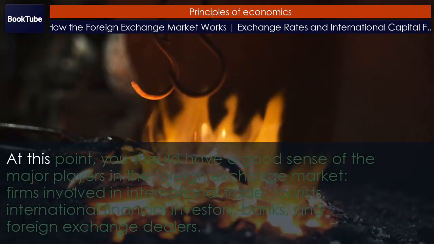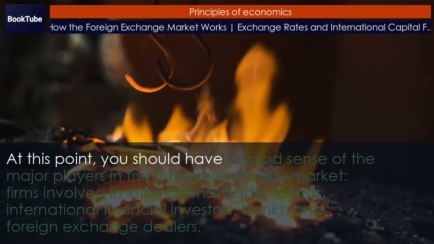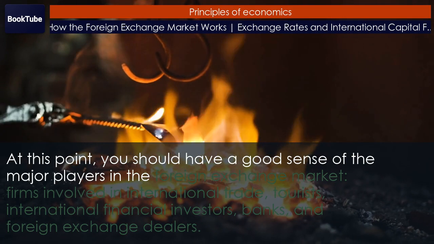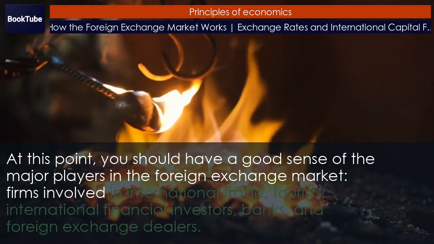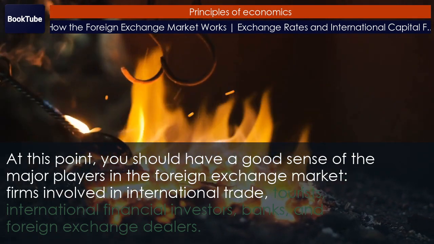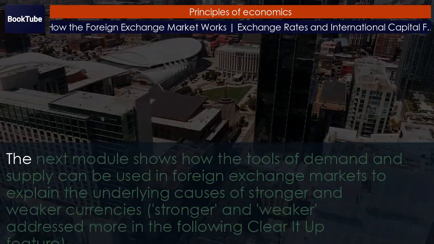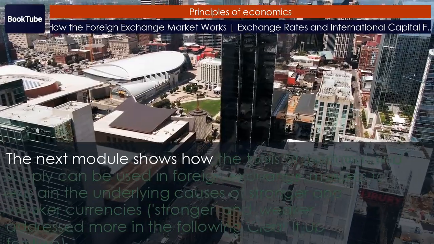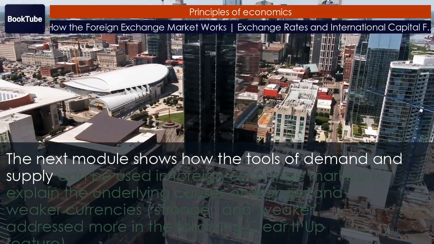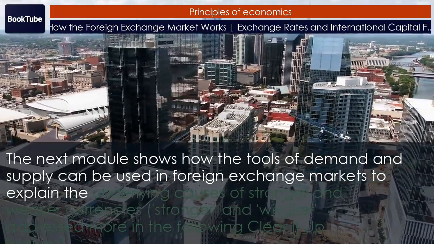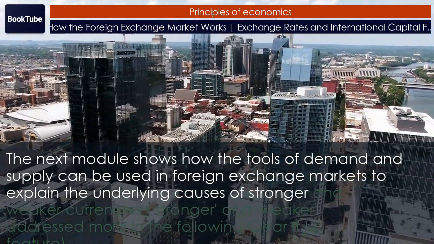At this point, you should have a good sense of the major players in the foreign exchange market: firms involved in international trade, tourists, international financial investors, banks, and foreign exchange dealers. The next module shows how the tools of demand and supply can be used in foreign exchange markets to explain the underlying causes of stronger and weaker currencies.